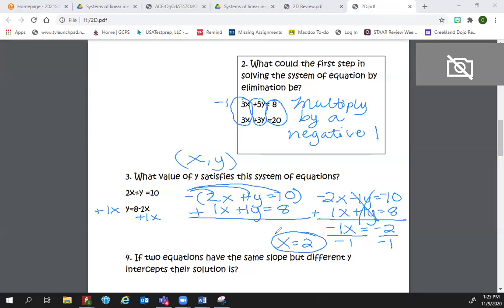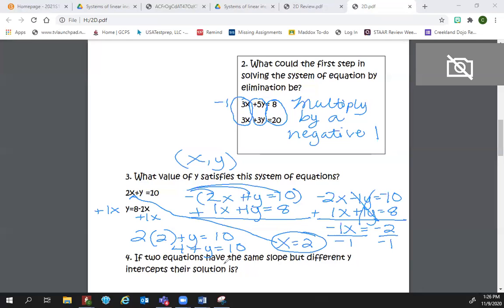So now what do I do to get the y value? Because I plug it in. Good. Can I just plug it into this one? Yeah, it doesn't matter which one you plug it into. So 2 times 2 plus y equals 10. What's 2 times 2? 4 plus y equals 10.